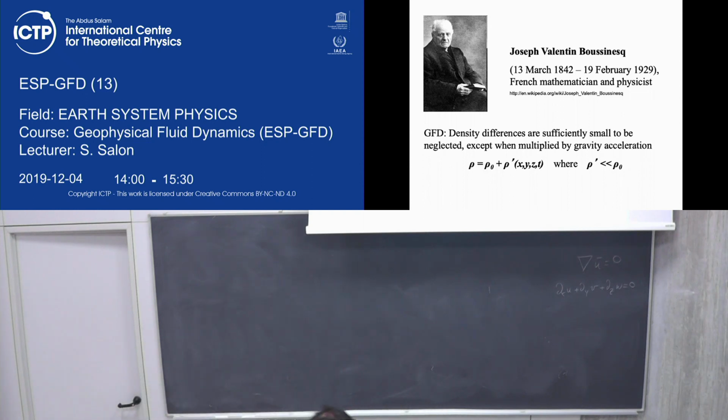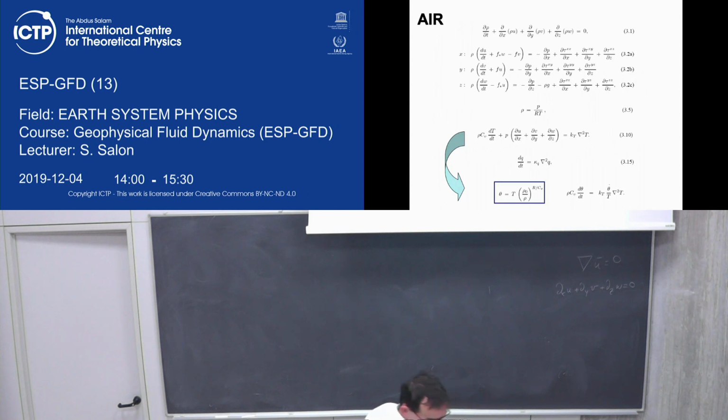Okay. Now we want to see what happens if we apply the Boussinesq approximation to the momentum equation. The momentum equation, you remember, had rho in front of the left-hand side.